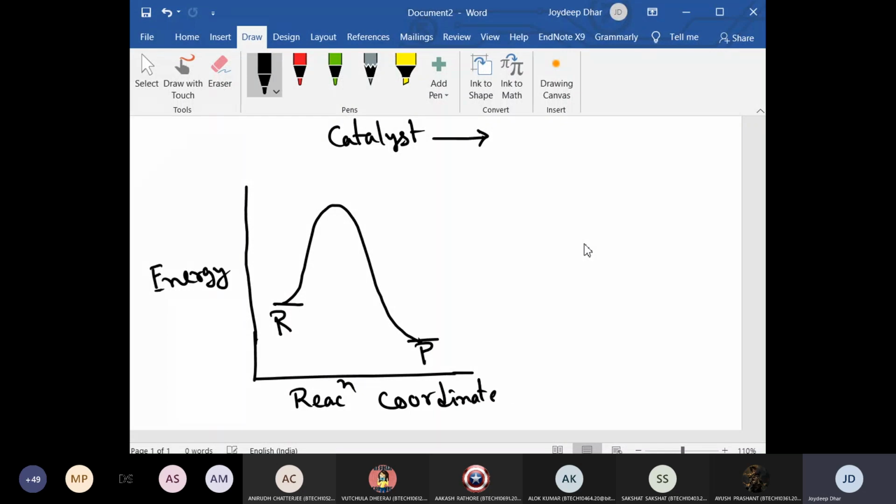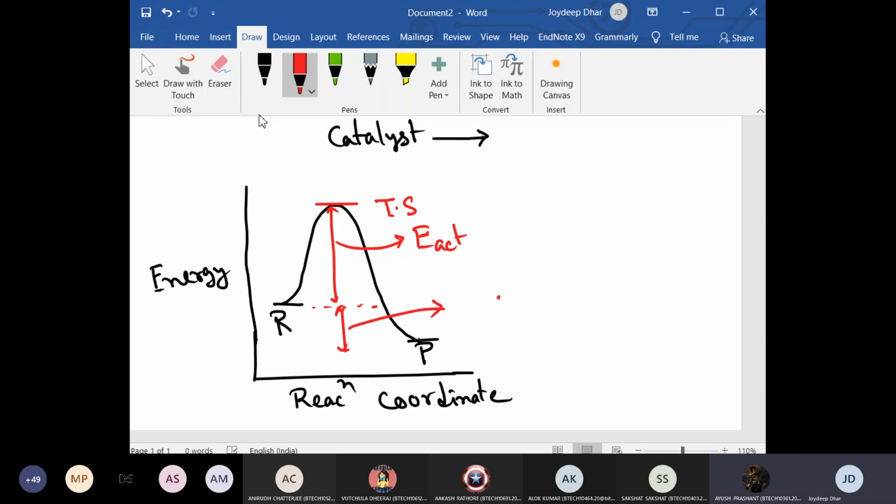The reaction coordinate says that the reactant will convert to product by passing through a transition state. The energy difference between the reactant and the transition state is known as activation energy.